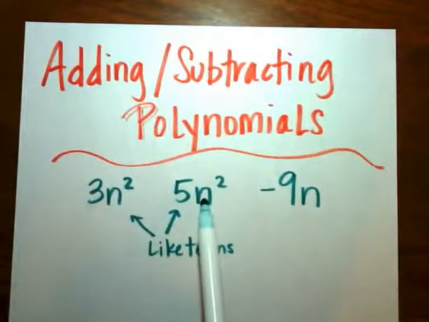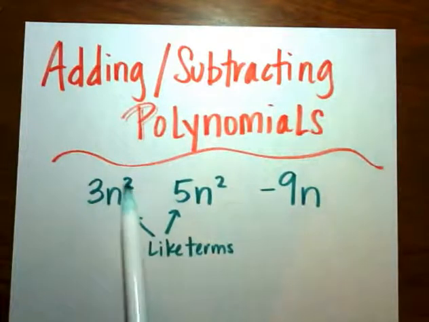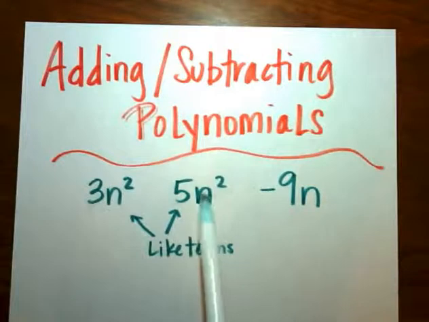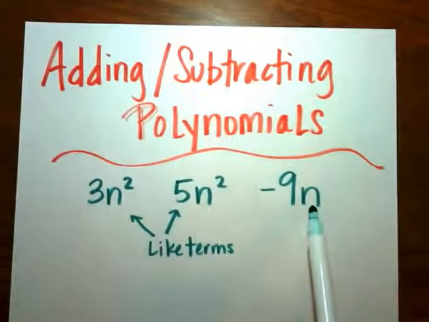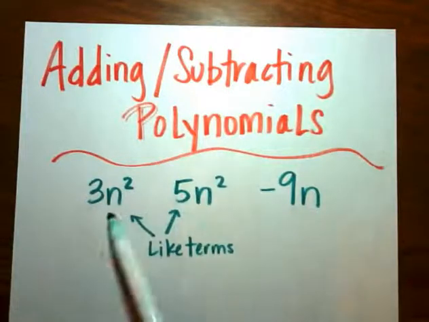This is going to be n squared, but that is just going to be n. So if you think about putting a 7 in place of n, this would become 49, this would become 49, but this one would still be 7. So this one is not a like term with those two.